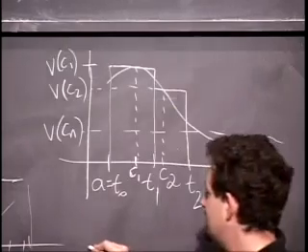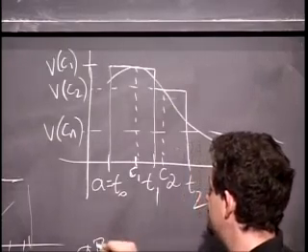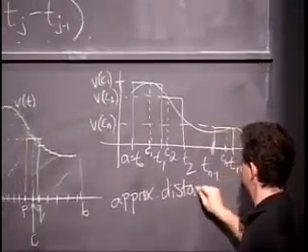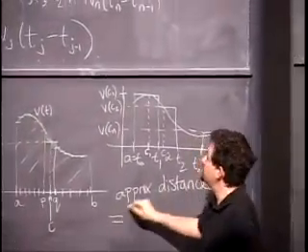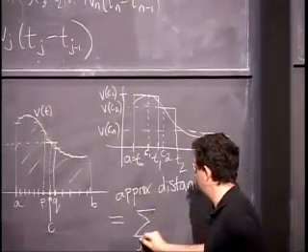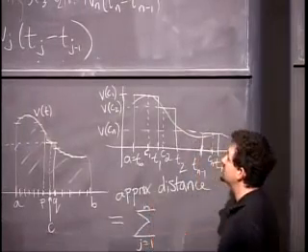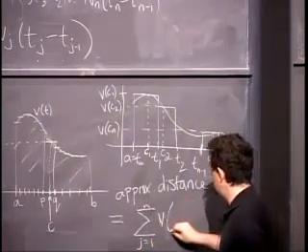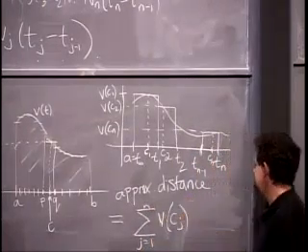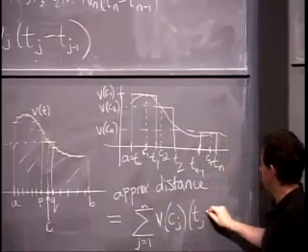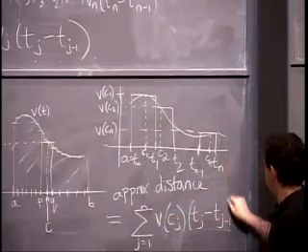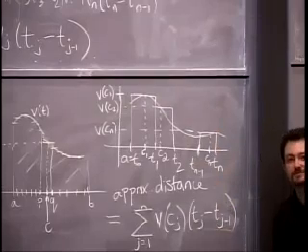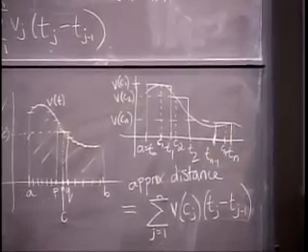So the approximate distance is equal to the same sum, j equals 1 to n, of the velocity v at time cj times tj minus tj minus 1. It's the same formula as that. Is that visible on the video, or is the lectern in the way? I can shift the lectern. Okay, we can all see it.